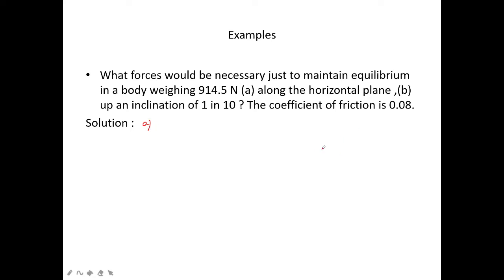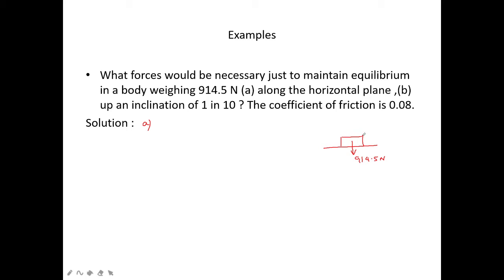So for condition A, the first case, what force should be necessary just to maintain equilibrium in a body weighing this? So there is a horizontal plane, and let us say this is the body having weight 914.5 Newton. Now what force would be necessary just to maintain equilibrium in a body along the horizontal plane?